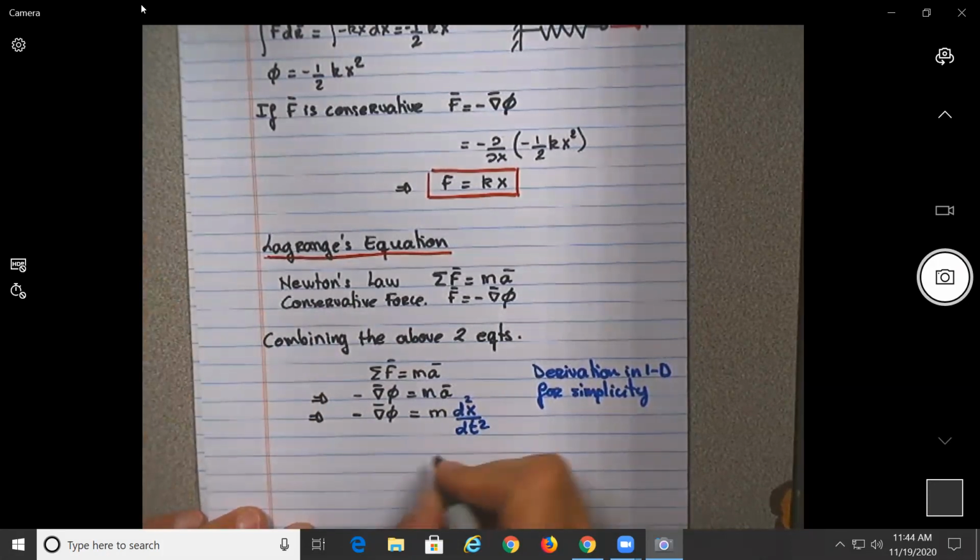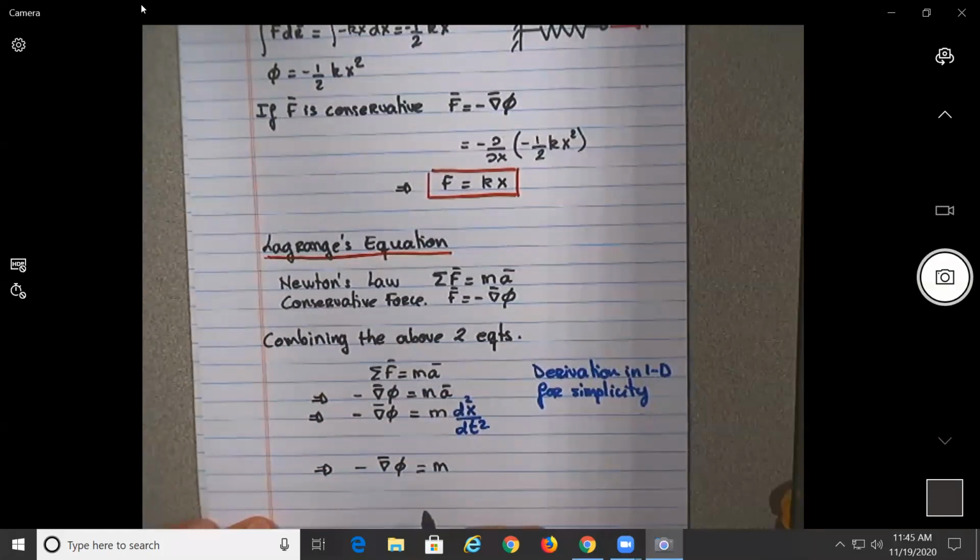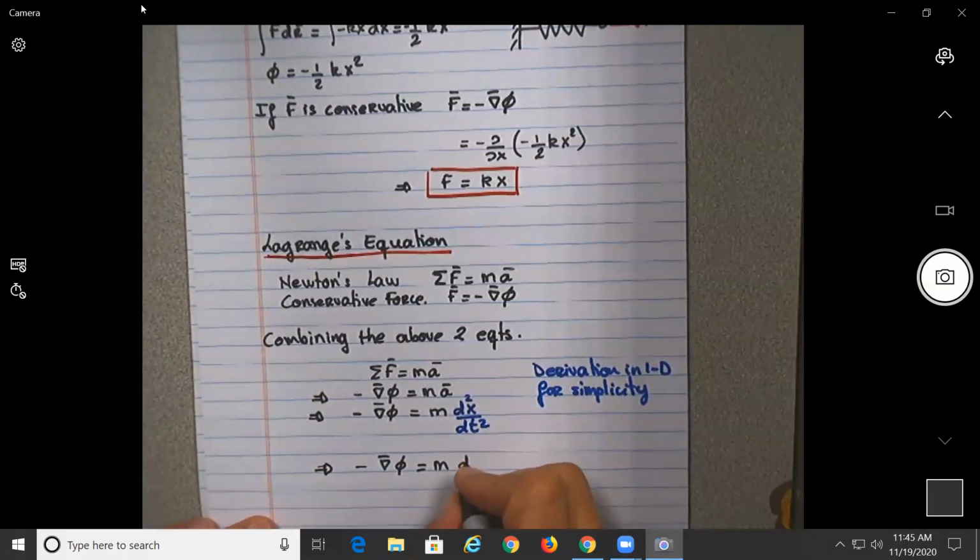So let me just rewrite this a little bit differently. So this should be equal to minus. This will be equal to m d/dt, and I'm going to do the proof now.